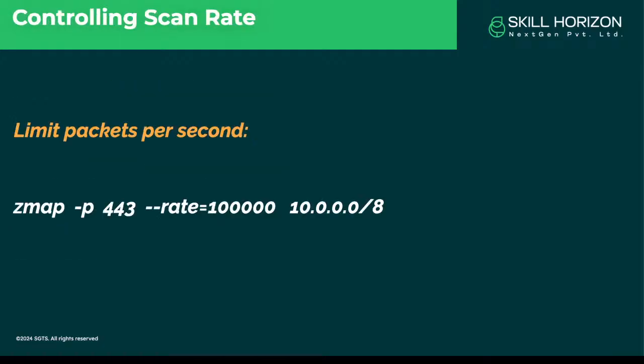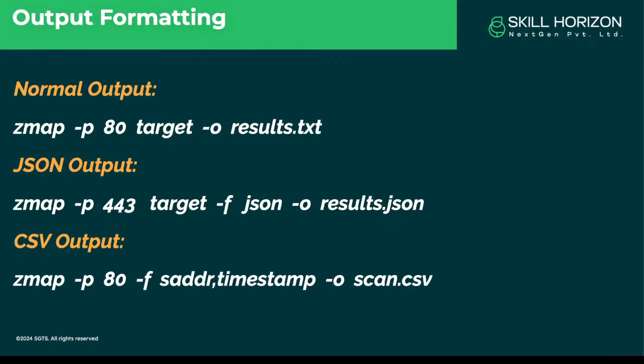Then if you want to control your scan by providing rate limitation, you use the option --rate. For saving the output, you use the option -o, storing the output in different formats. If your format is text, you can simply provide the command like this. But if you want to store the output in JSON format, you have to use another option called -f.